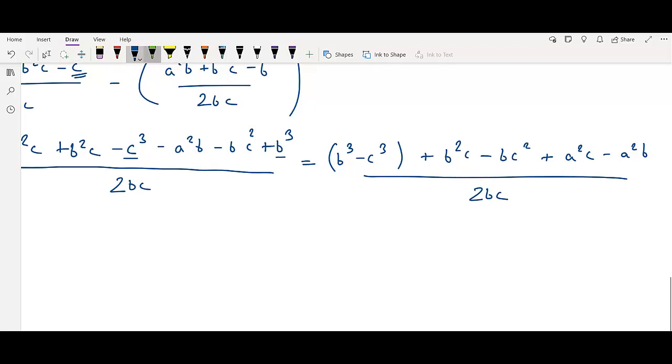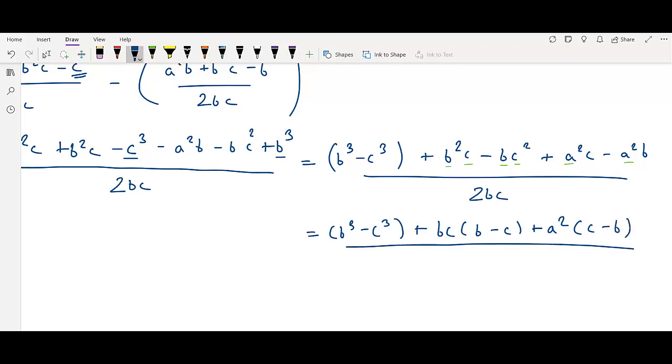Now I can take b and c common from both of these terms, and I can take a square common from these terms. So let us do that. I have b cube minus c cube plus bc taken common from b square c just leaves a b, and when taken common from bc square just leaves a c, plus a square c minus b, okay, on 2bc.